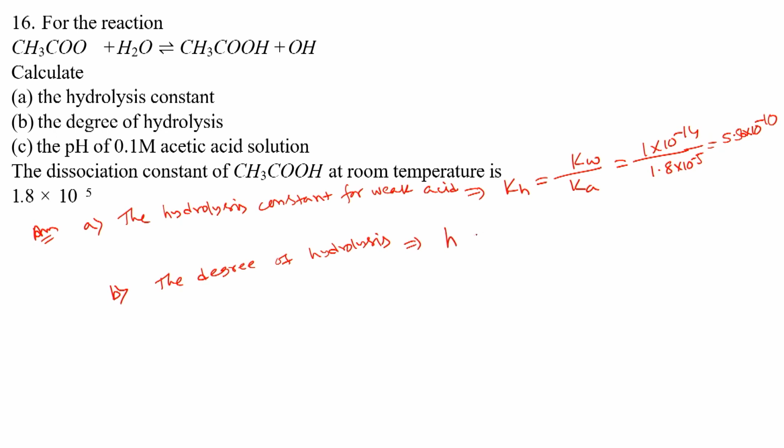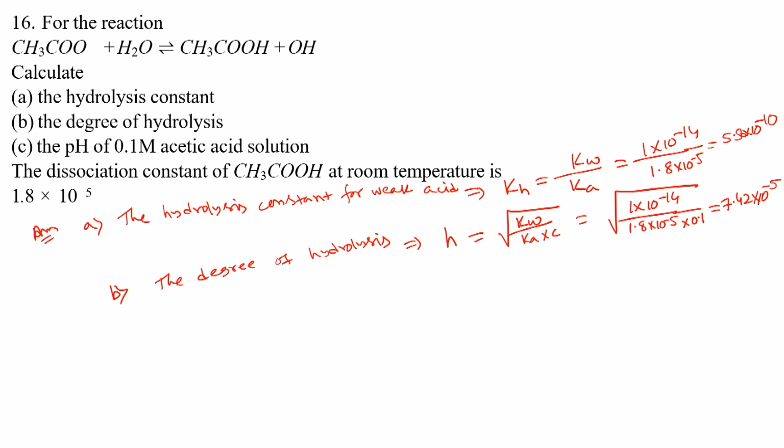If we say h is the degree of hydrolysis, h is root over Kw by Ka times C. Value of Kw we know, 1 times 10 to the minus 14. Value of Ka is also given, 1.8 times 10 to the minus 5, and concentration of acetic acid is given, 0.1 molar. If we substitute here, we get 7.42 times 10 to the minus 5.